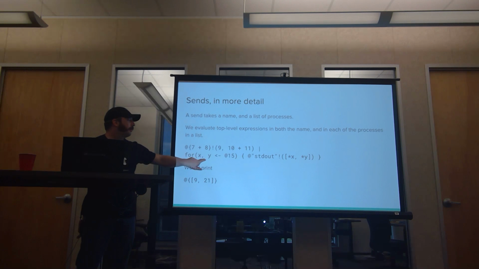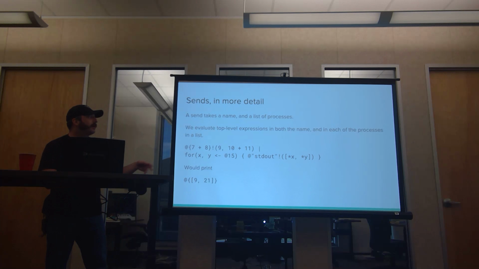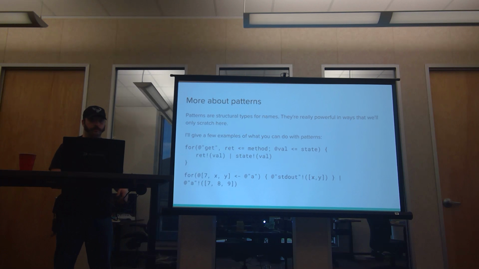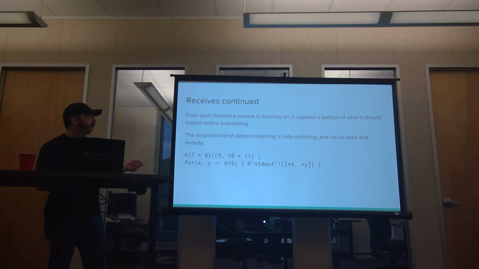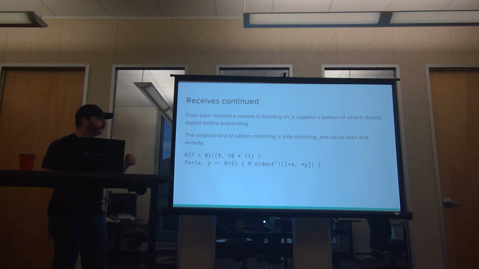And here we can get multiple variables, and the number of things that you send has to match. But in fact, it's a lot more powerful than that. We'll expand on how powerful it is as we go through.